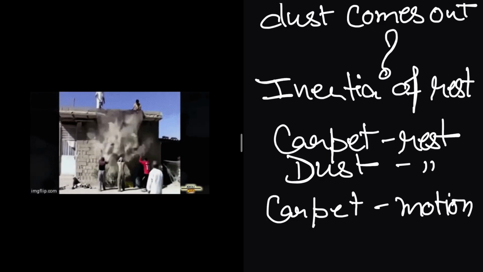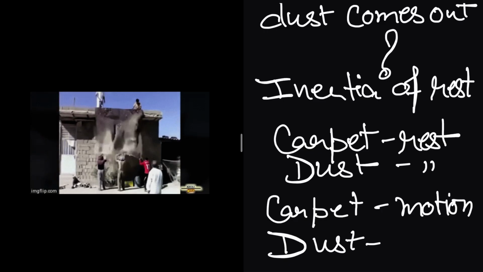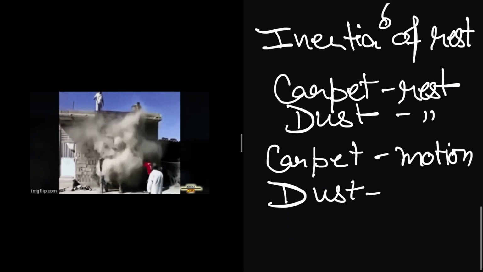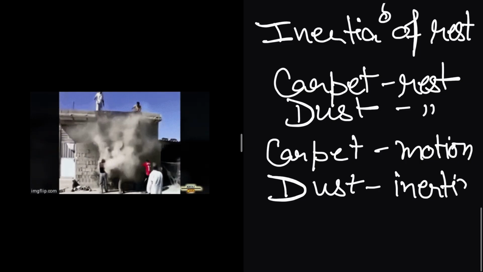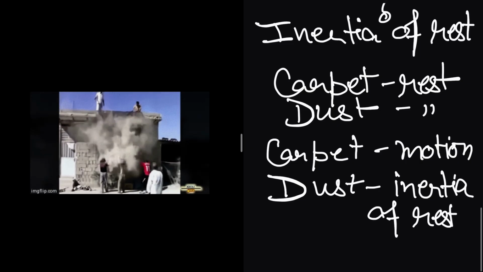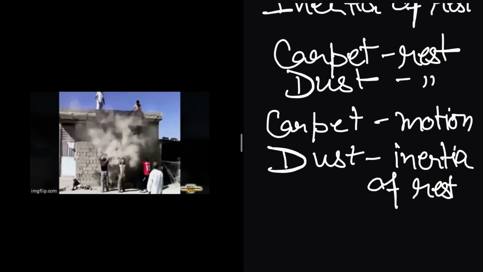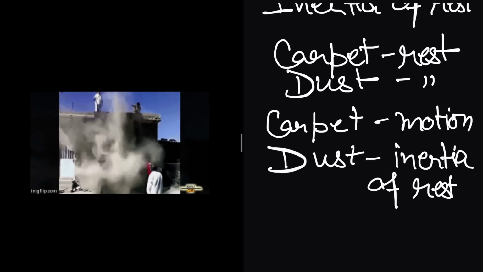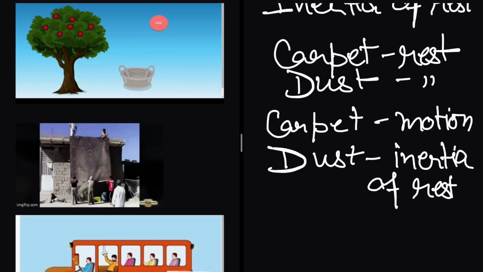But the dust wants to remain at which state? State of rest. Why? Because of the inertia of rest. So this is the reason why dust comes out, because dust wants to retain its original state because of inertia of rest. I hope it is clear to you.